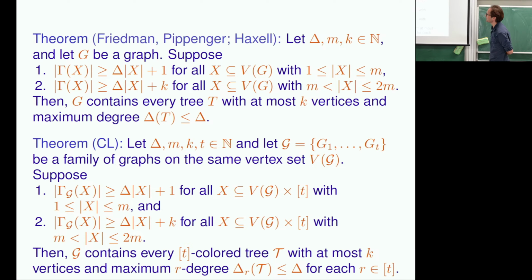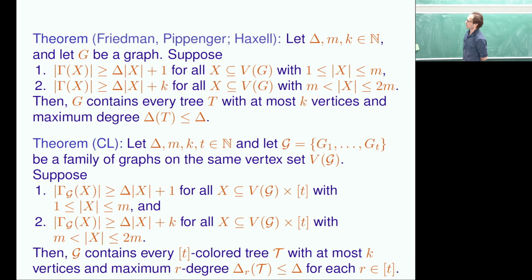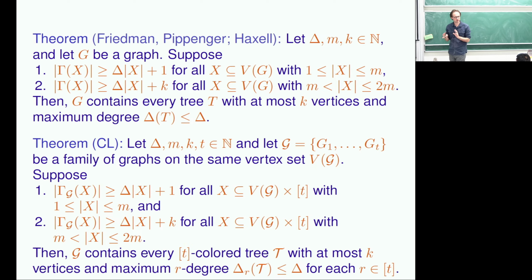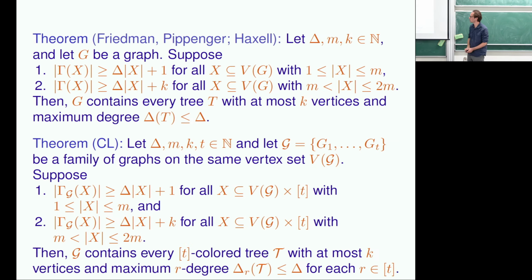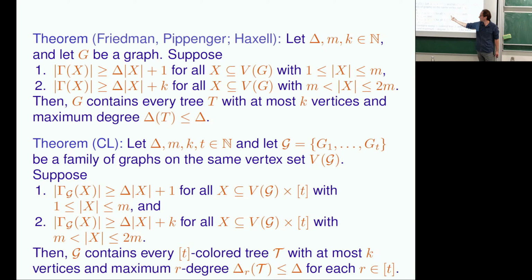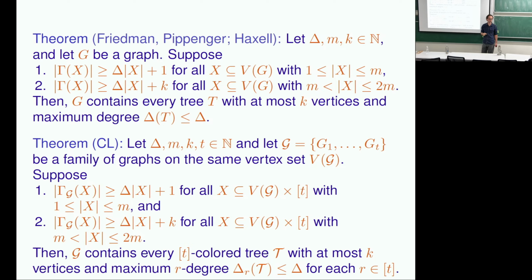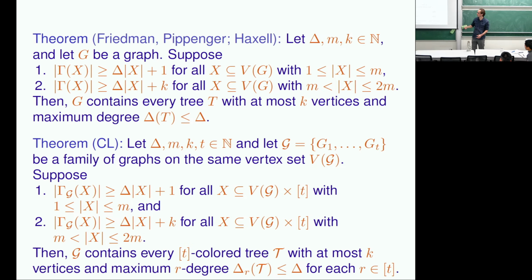Okay, so here's our generalization. Instead of being given a single graph that has to have a certain expander property, we're given a family of graphs, and they have to be good expanders jointly, in the following sense.